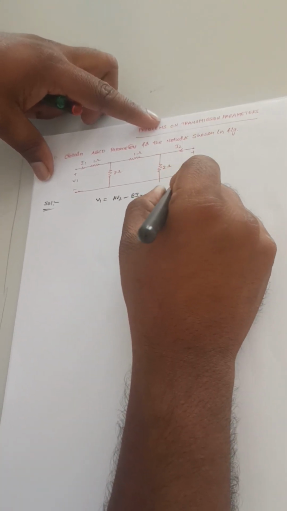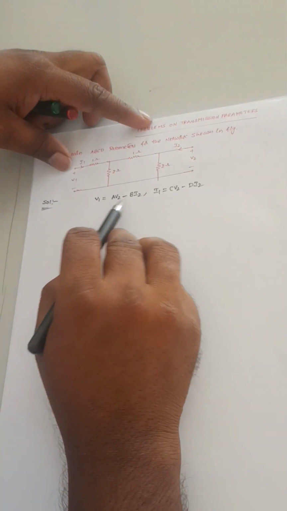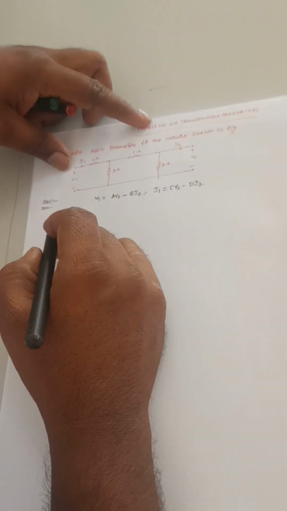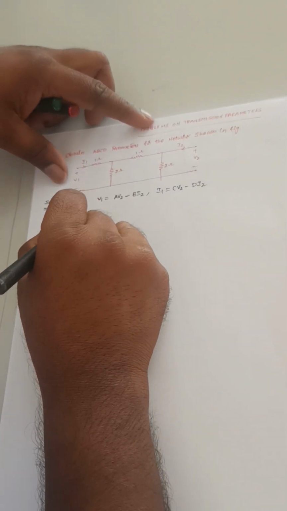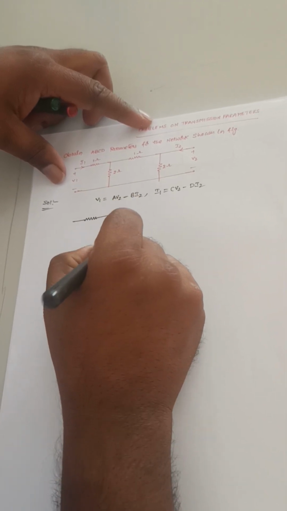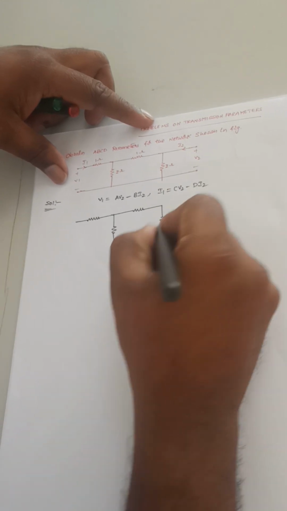I1 is equal to CV2 minus DI2. These are the expressions here. I need to calculate the values of A, B, C and D. So now to calculate these values, let us redraw this network and apply the mesh analysis here.